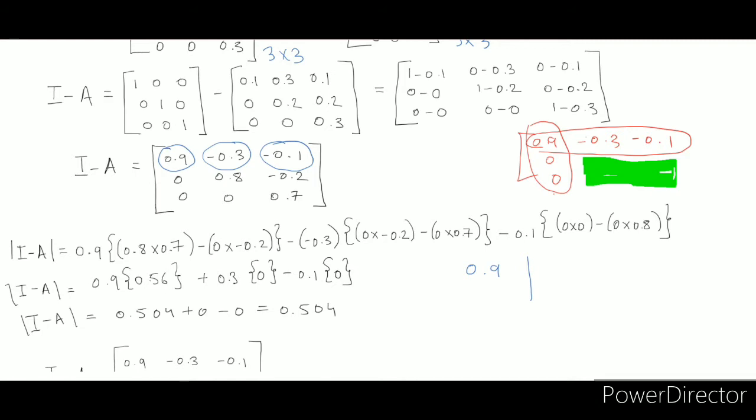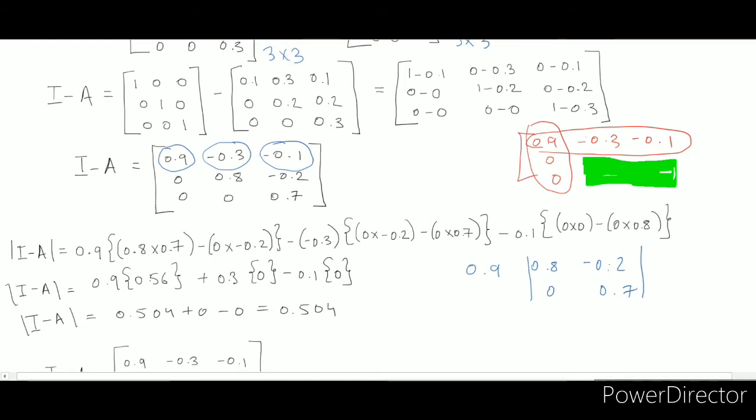Here 0.9 lies in the first row and first column, so if you remove the elements in the first row and first column, your minors, or the subdeterminants, are 0.8, minus 0.2, 0.7.